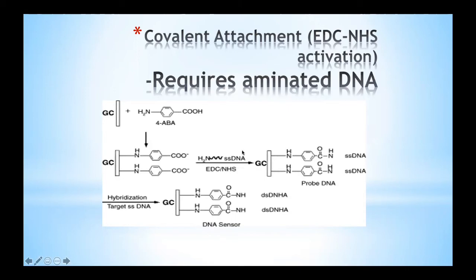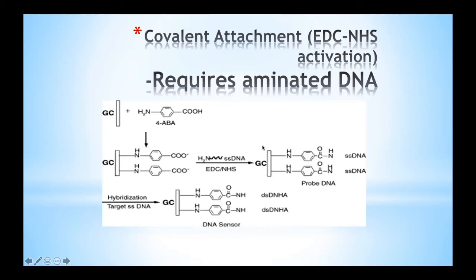And let's say we have aminated DNA, meaning that the DNA probe has an aminated end. With the help of EDC NHS, an amide bond can be formed between the carboxyl group on top of the carbon electrode and the amine end of the DNA probe.